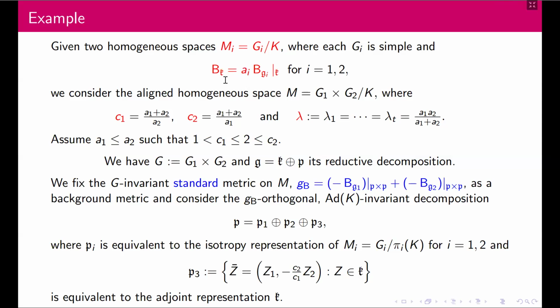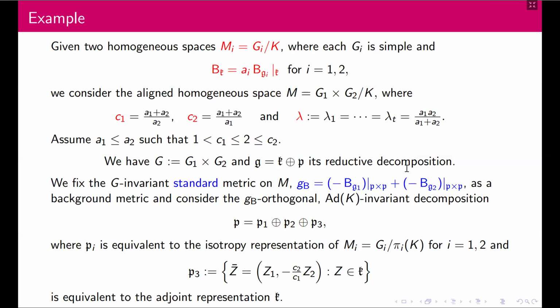No, sorry, I confused. No, it's just how K is embedded into G. Okay, thank you. We are asking, yes, for some kind of alignment, that each factor of K is embedded with the same constant.